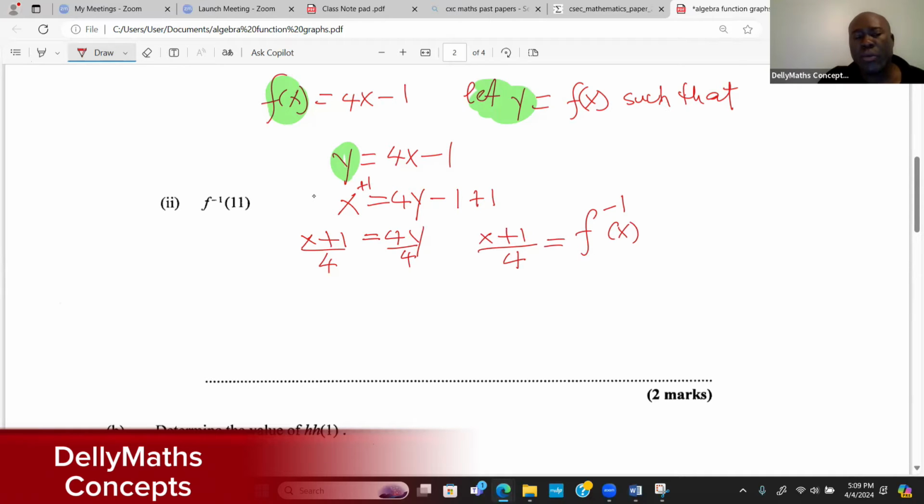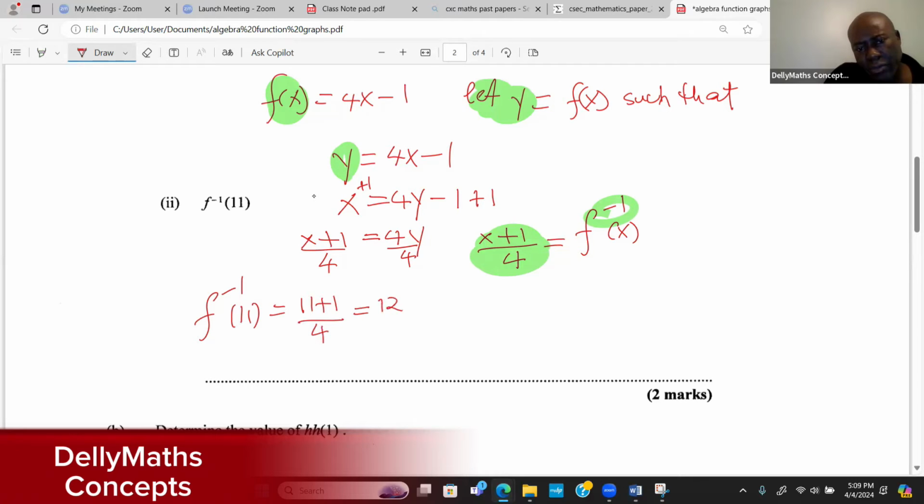Remember that what the question really asked us for was to put 11 in that function here. So we're going to put 11 in the inverse function, which means wherever the x is, I'm going to put 11. So instead of writing x plus 1, I'm going to put 11 plus 1, and this will be over 4.